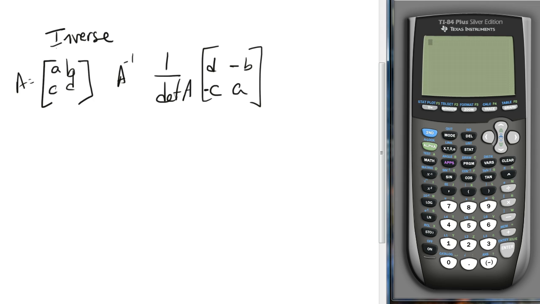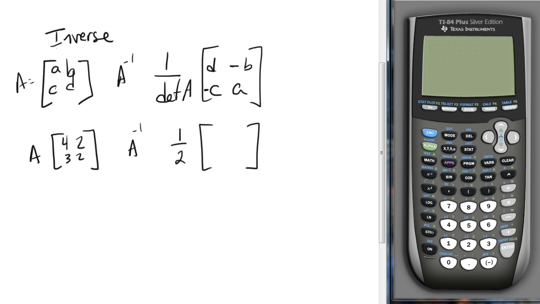So for instance, if I want to do matrix A, 4, 2, 3, 2, and I want to do the inverse. Well, I need the determinant. So the determinant would be 8 minus 6, so it would be 2. So it would be 1/2.